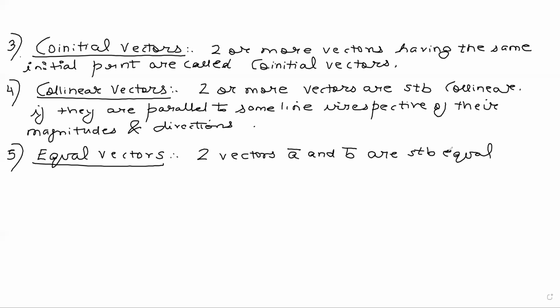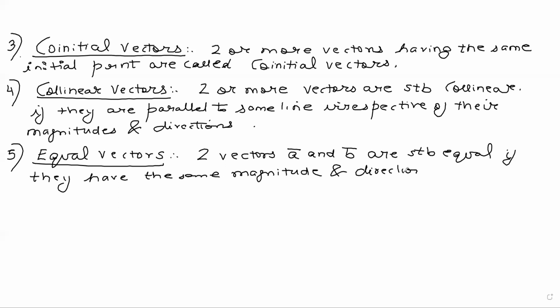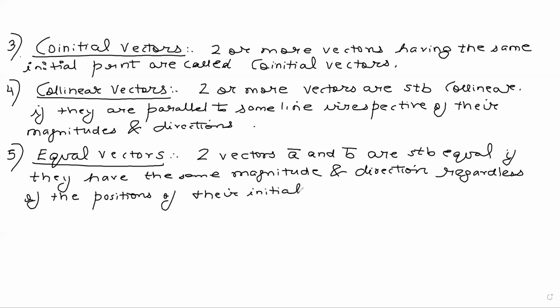Two vectors A bar and B bar are said to be equal if they have the same magnitude and direction, regardless of the positions of their initial points.